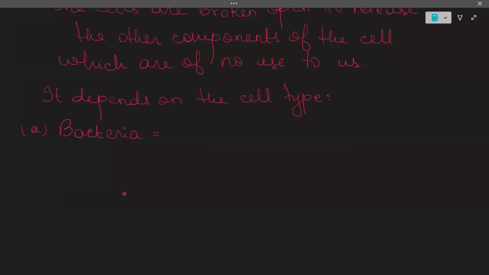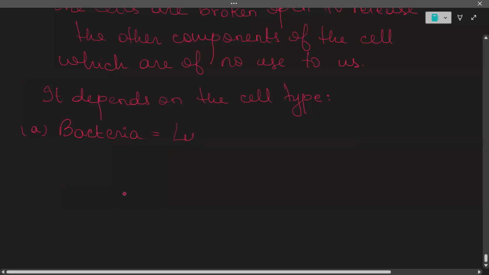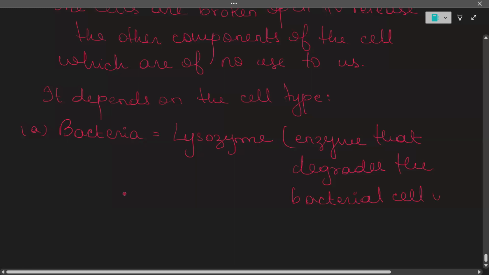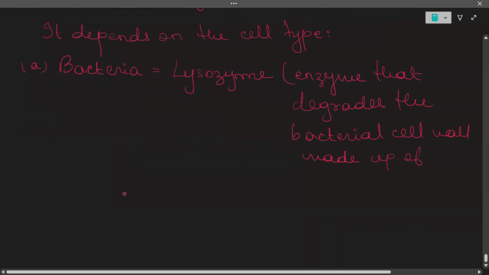See, you can treat the bacterial cell with an enzyme called lysozyme. Lysozyme is an enzyme that degrades the bacterial cell wall, made up of peptidoglycan. So it degrades the peptidoglycan.